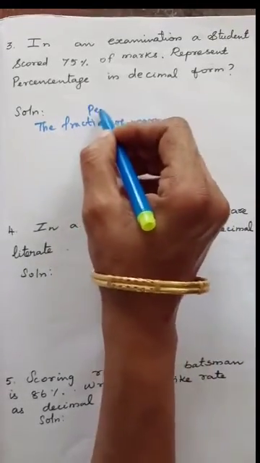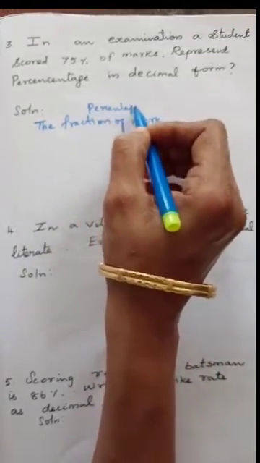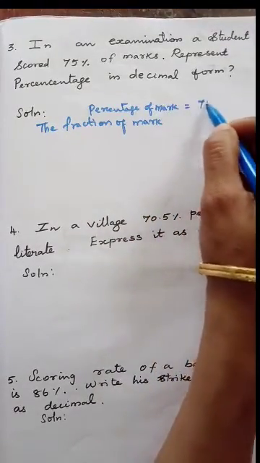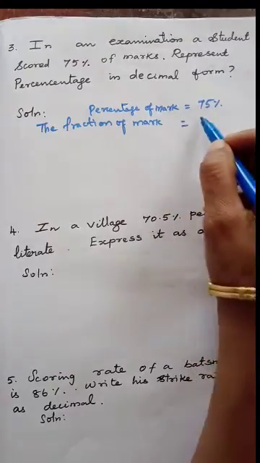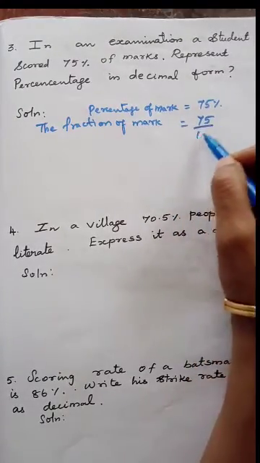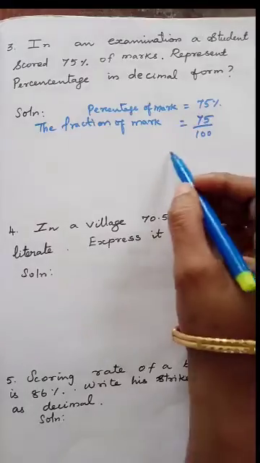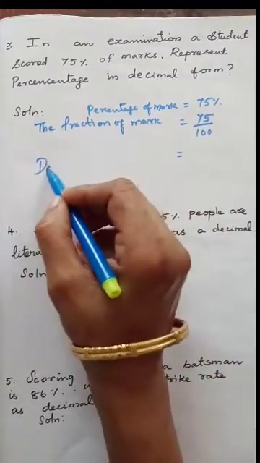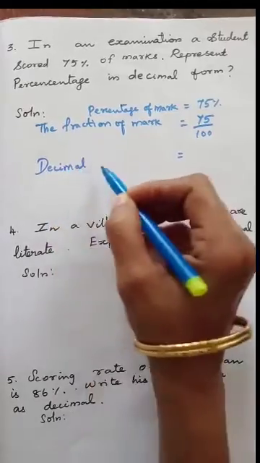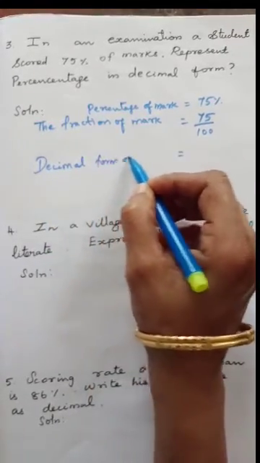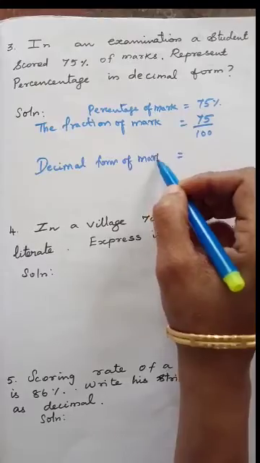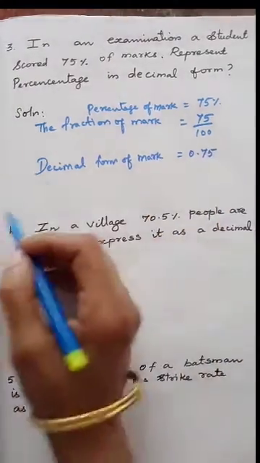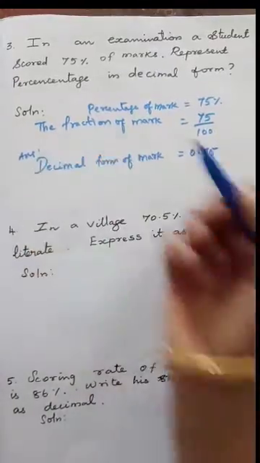Before that you have to write the percentage. Percentage of mark is equal to 75 percentage. So the fraction is 75 by 100. Now we can write this as decimal. So decimal form of mark is equal to 0.75. This is the answer.